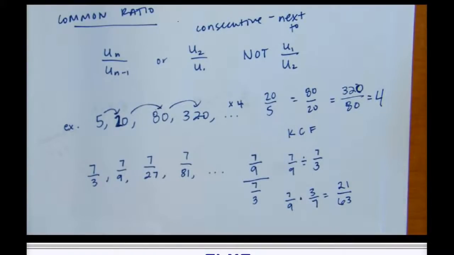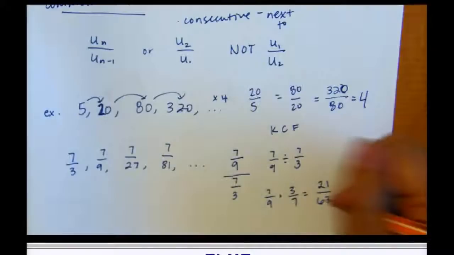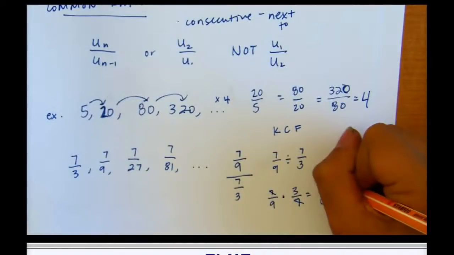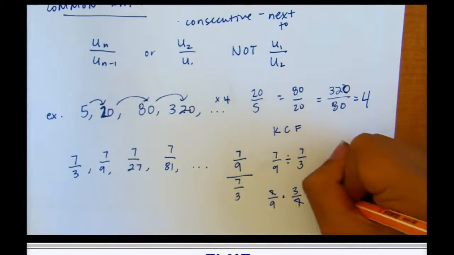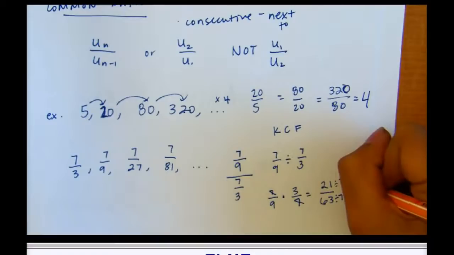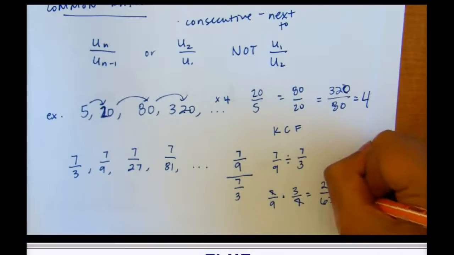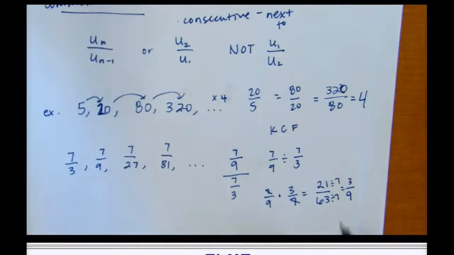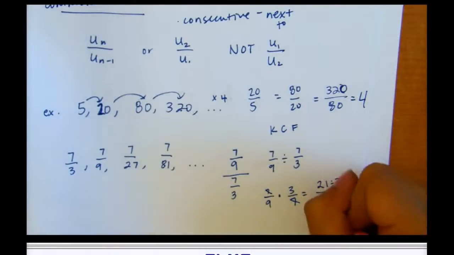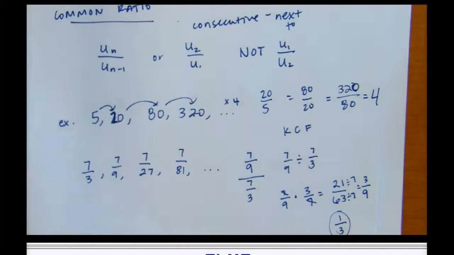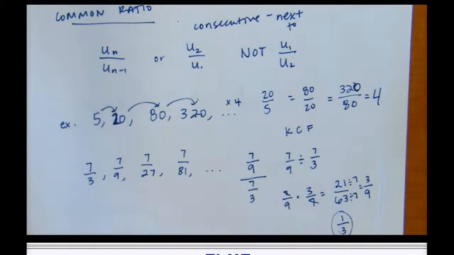And I can simplify both of these numbers, hint, hint, by 7, so that I end up with 3/9, which I can keep on simplifying, divide by 3, to 1/3. And 1/3 will be my common ratio for this. So to get from 7/3 to 7/9, I'm going to multiply by 1/3.